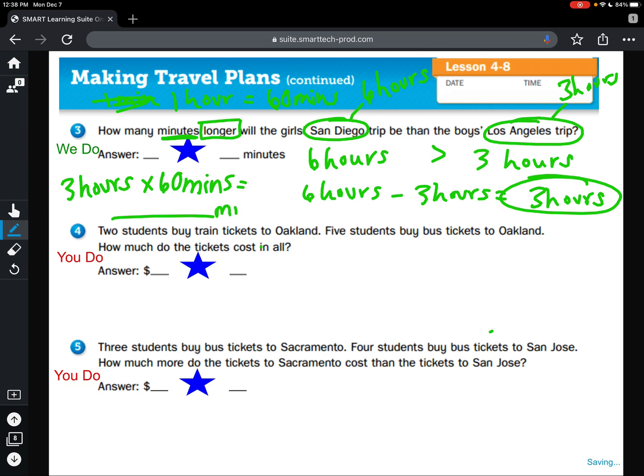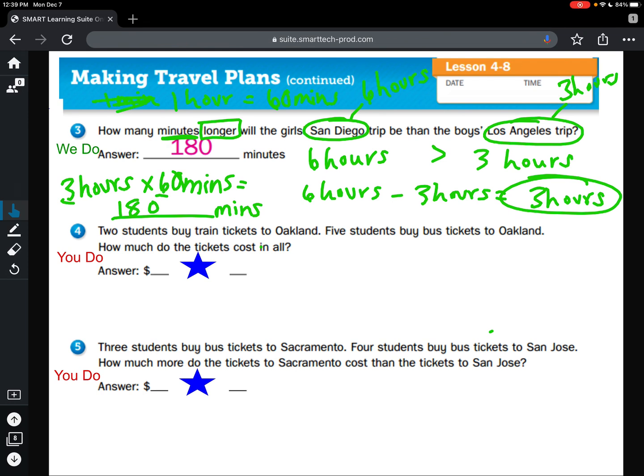Go ahead and do that. I could do my basic fact. 3 times 6 gives me 18, and I have 1 zero. So my answer is 180 minutes. That was 2 steps because I had to figure out the difference between the girls' and the boys' trip, and then I had to convert to minutes.